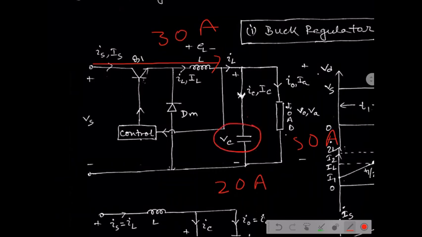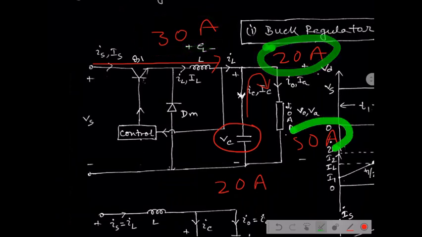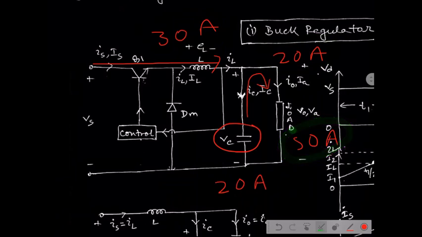Clear? Then the capacitor starts discharging and provides the additional 20 ampere current. So this 30 ampere current plus the capacitor discharging current of 20 ampere gives 50 ampere to the load.